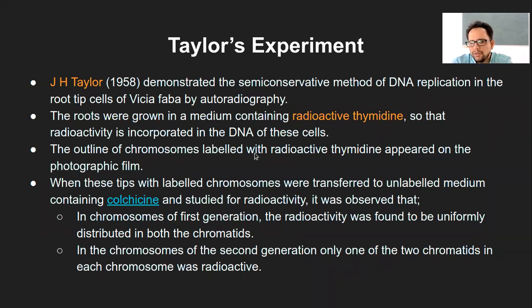I guess you understood this experiment, right? This has a similar explanation to the earlier experiment. The only difference, like I said, is that here it is radioactive thymidine, and in the earlier case it was just the heavier isotope of nitrogen. And the most important thing for this experiment is the colchicine treatment.